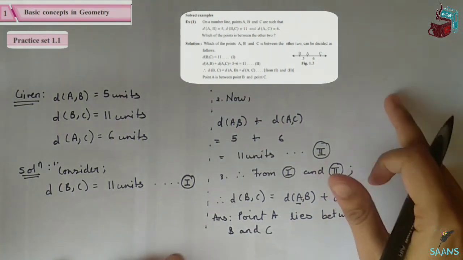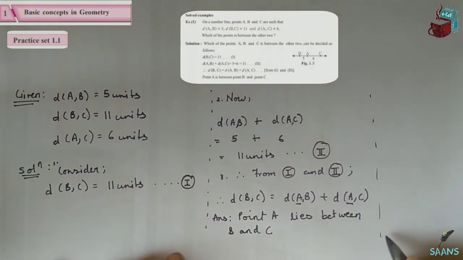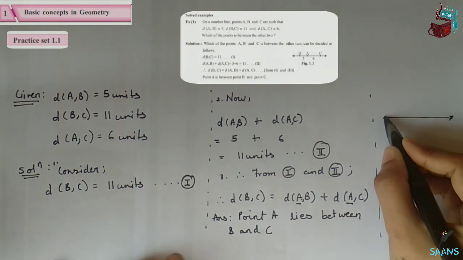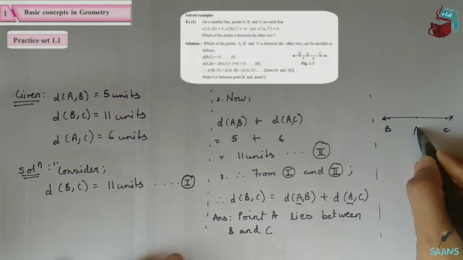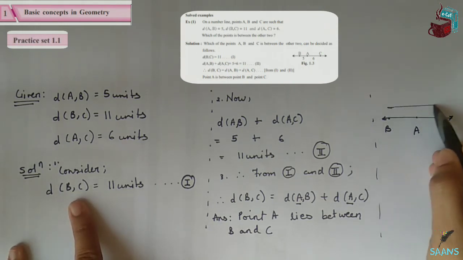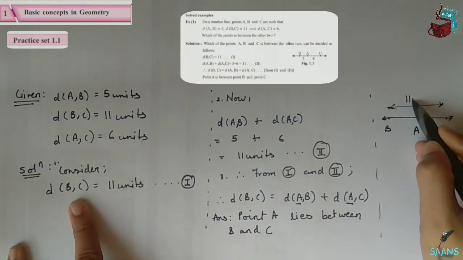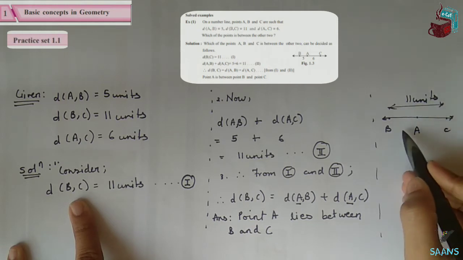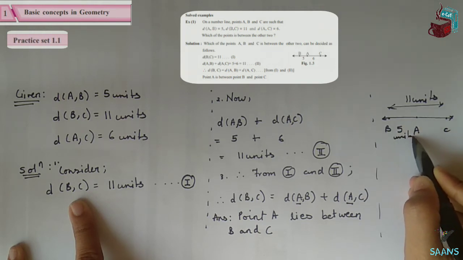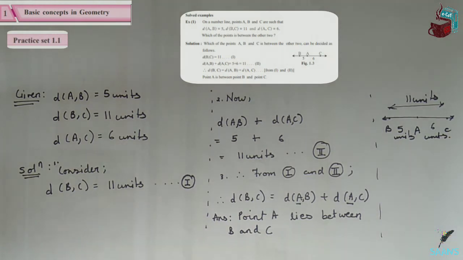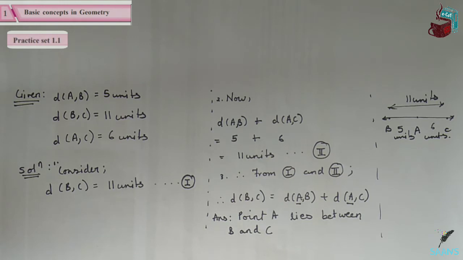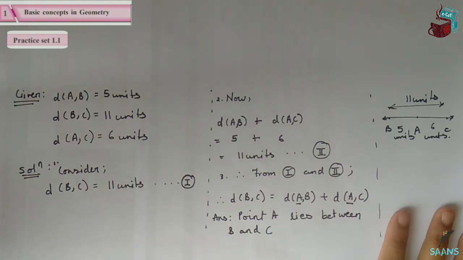And just to conclude, you can further draw the figure, that is B C A. BC is 11 units, AB is 5 units, and AC is 6 units. This is how the solution for these types of sums looks.